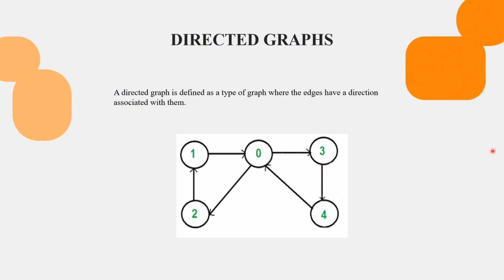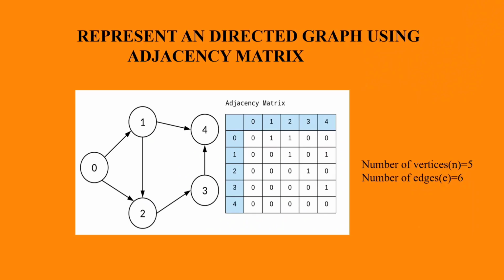Next, I will talk about directed graphs. What is meant by a directed graph? A directed graph is defined as a type of graph where the edges have a direction associated with them. Next I will talk about representing directed graphs using an adjacency matrix.